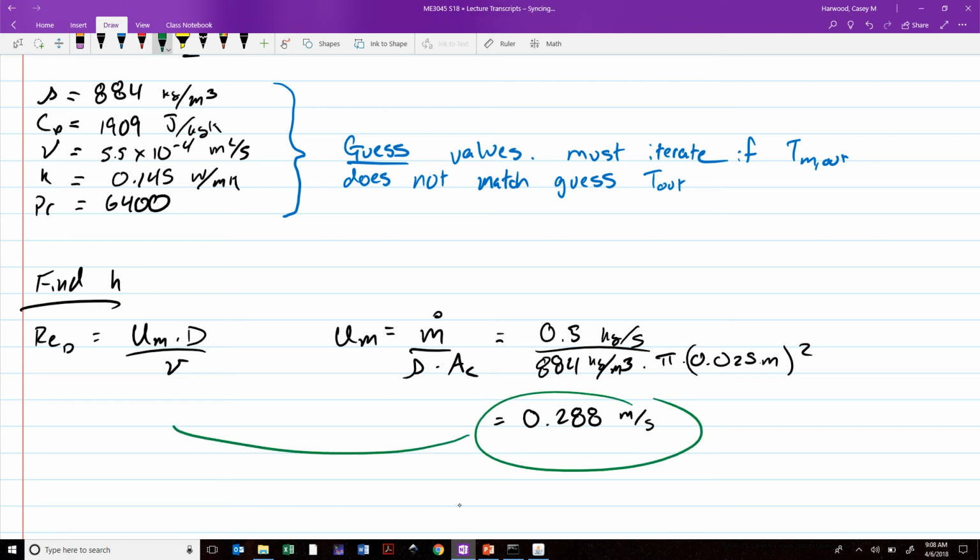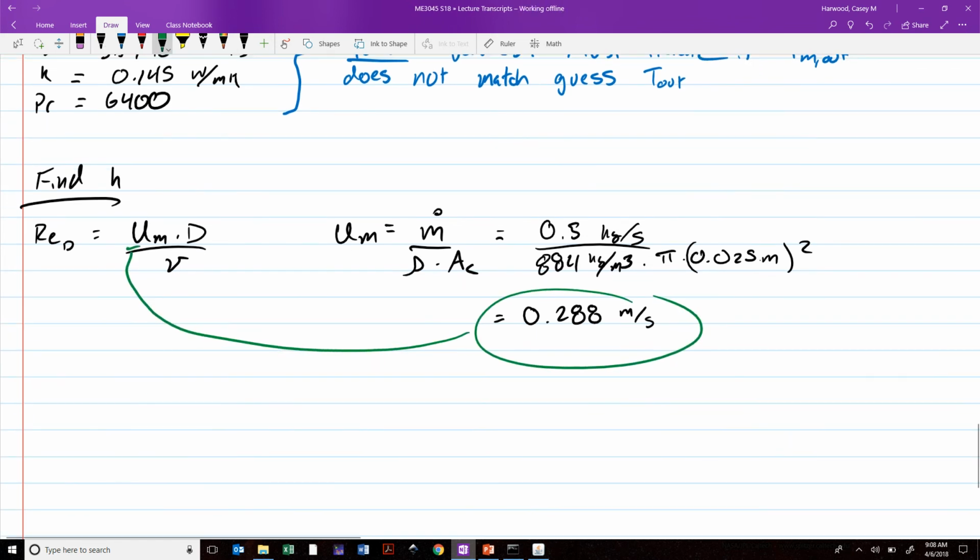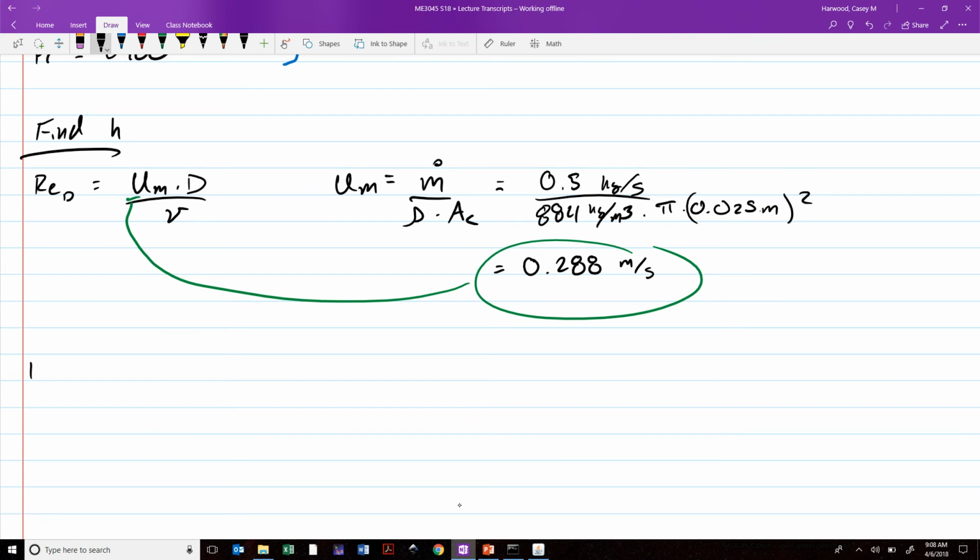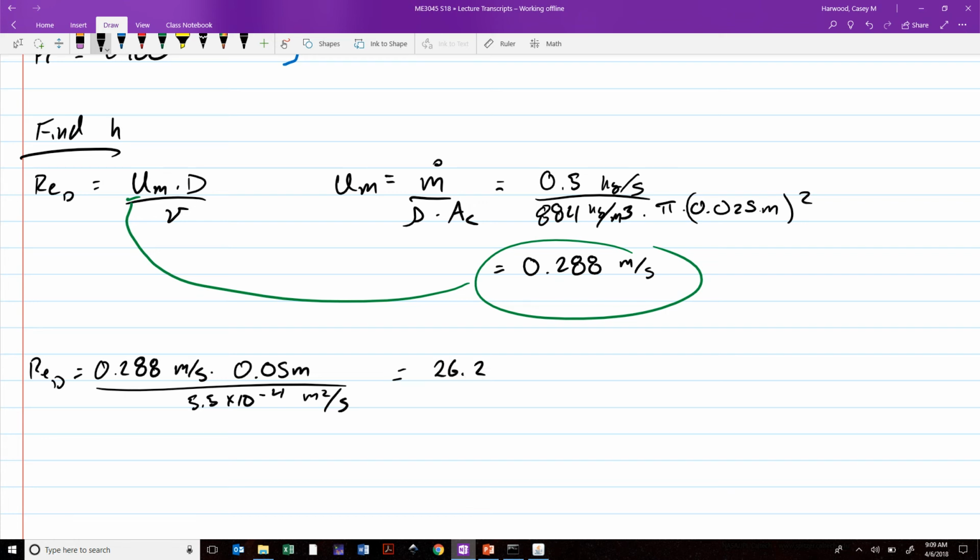Okay, so with that number substituted in here, we should be able to find a Reynolds number based on diameter of 0.288 meters per second times 0.05 meters for the diameter over 5.5 times 10 to the negative fourth meters squared per second, which works out to around 26.2.